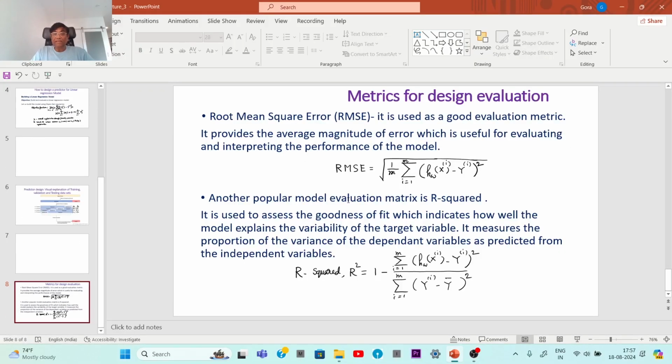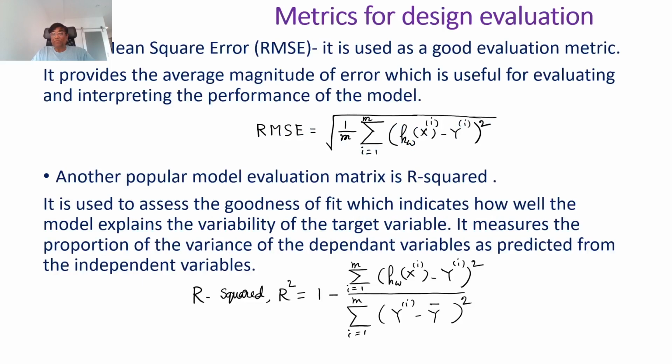So am I clear? So today you have learned an interesting thing, how to design a machine learning model, taking a specific example of a linear regression model, although the same design principle applies: iteratively, painstakingly, with patience, you will have to come out with a good design, and you will have to make the design stand on evaluation metrics like root mean square error or R squared.